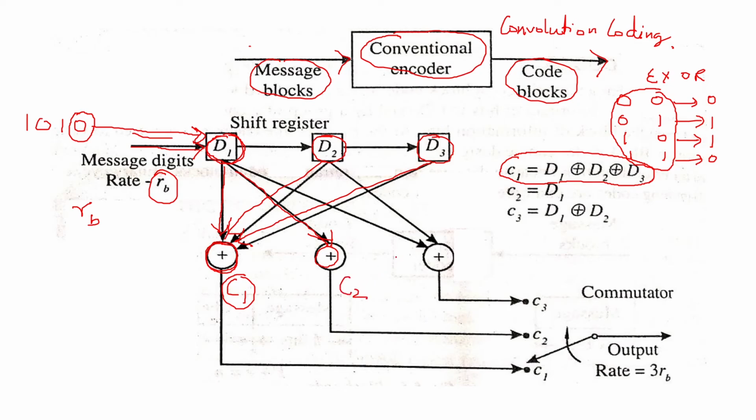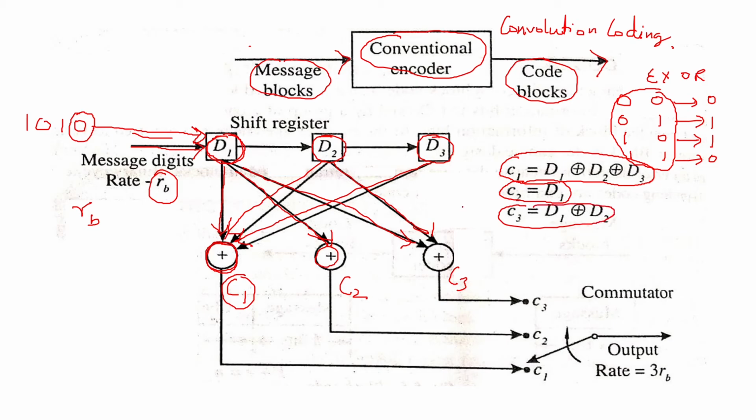And then the third one, you see D1 is coming here, and D2 is coming here. So it is D1 modulo 2 addition with D2, that is XOR gate with D2, and this will be your C3. So here we have shown C3 is equal to D1 plus D2.